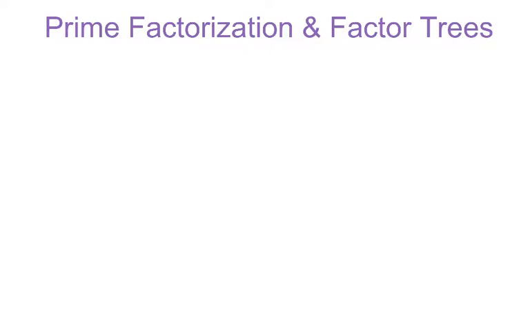Let's do an example. Let's say we have 25. To find the prime factors of 25, I'm going to use a factor tree, which looks kind of like this. Sort of like a factor rainbow, except instead of any old factors like 1 times 25, I'm only going to look for prime numbers.